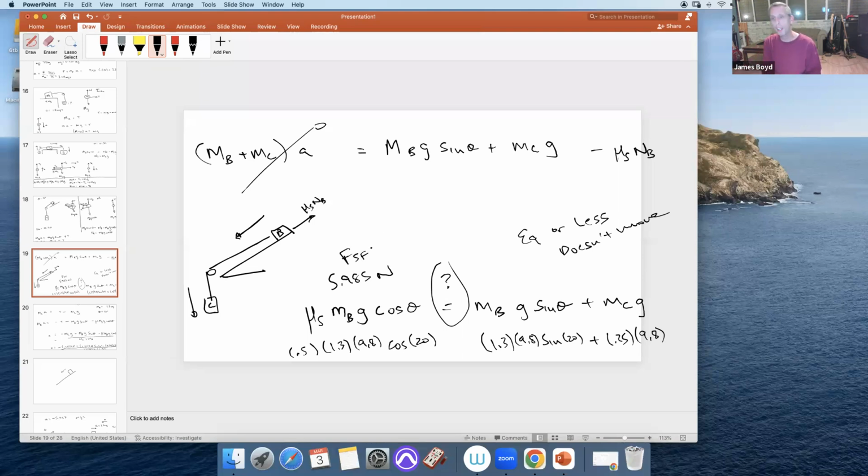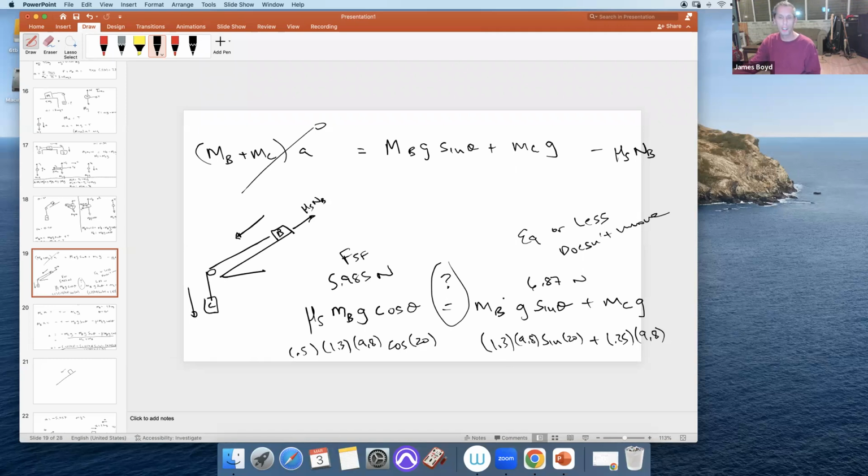And if the other forces are not equal or greater, the book's not going to slide anymore. Static friction will hold it on the incline. So this side is 1.3 times 9.8 times sine of 20 plus 0.25 times 9.8, 6.87.